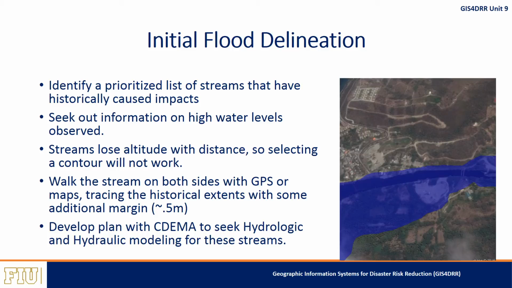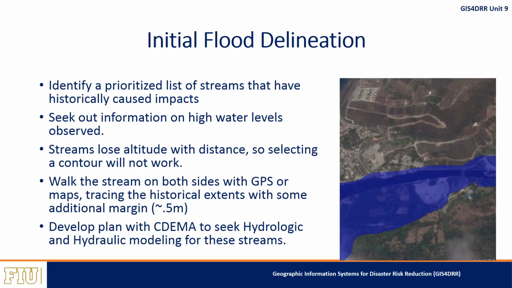Then we would do, as we've done elsewhere, is seek out information on the extent of previous hazards. So how high did it get during those hurricanes, or during other events? Find those peak levels and record them, both in document and in GIS if possible.